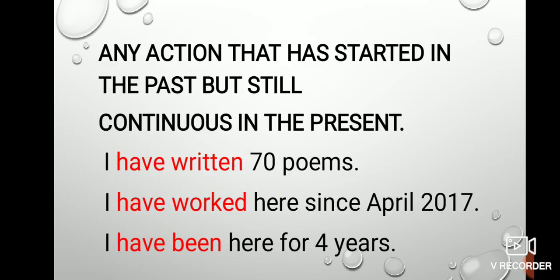Then one more usage, any action which has started in the past, already it started. But it's still continuing in the present also, then you can go with present perfect tense. Okay, so an action which has already started, but it's still continuing. For example, see here, I have written 70 poems. How many poems? 70 poems.